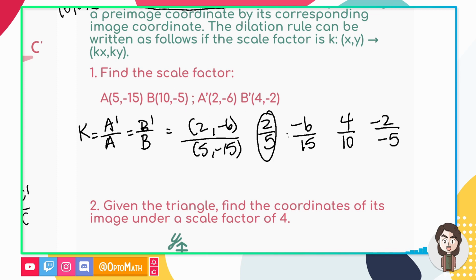So we have 2/5, and that is actually what you get for all of these. Oh, this should be a -15, and this also gives us a positive 2/5, and so do both of these. So the scale factor is 2/5. So we could write the rule xy goes to 2/5 x, 2/5 y.